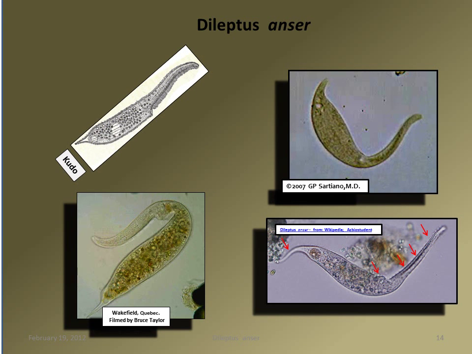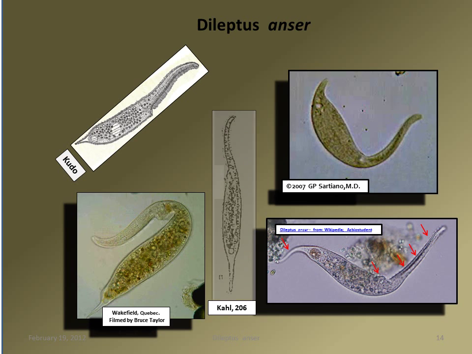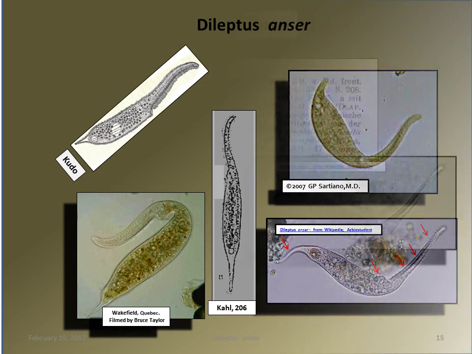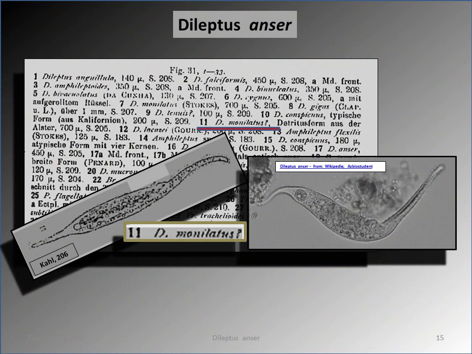Rather than classifying this organism as a variant of Dileptus anser, it might be more appropriate to consider it to be a different species, possibly Monolatus. The resemblance is notable, but so is the appended question mark.